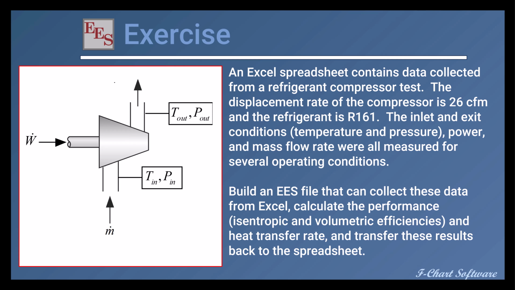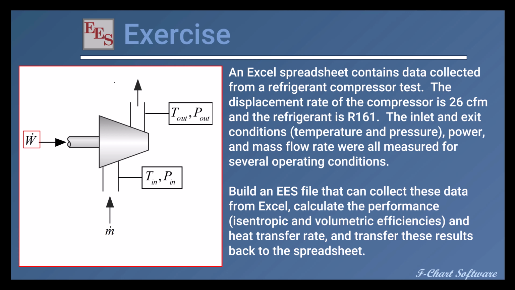So the idea here is you have an Excel spreadsheet that contains data from a compressor test. The compressor has a displacement rate of 26 CFM, and it's an R161 compressor, and the measurements that you've taken include the inlet temperature and pressure, the exit temperature and pressure, the mass flow rate, and then also the power.